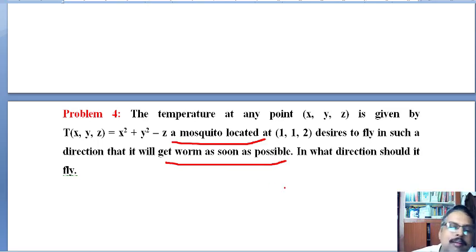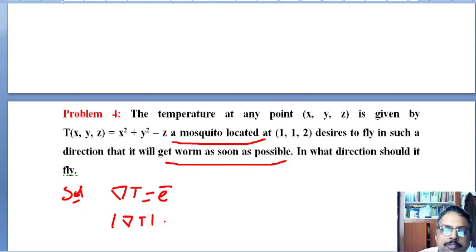This is also nothing but maximum directional derivative. So just find del T, this is the required direction. Then find the magnitude of this.